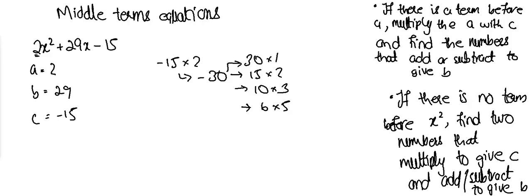Now we need to find two numbers that add or subtract to give us b. What could be? 30 times 1? Absolutely. So can I write this as 2x squared plus 30x minus 1x minus 15? I can, right?